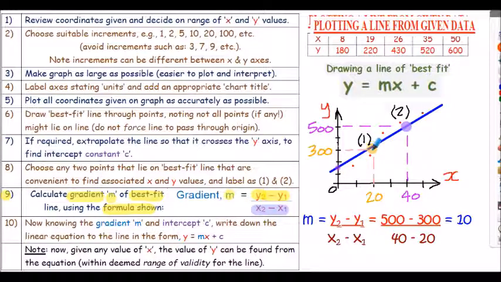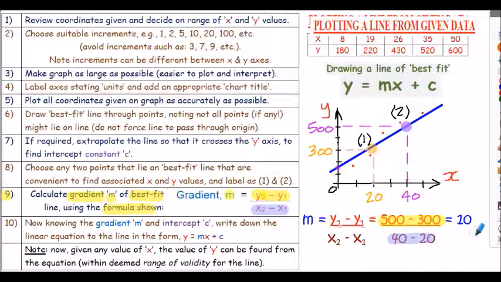So on the graph, for my 2 points that lie on my best fit line, I've determined that the x value for point 1 is 20, and the y value for point 1 is 300, and the x value for point 2 is 40, and the y value for point 2 is 500. We'll simply put those values into the equation for m, so 500 minus 300 on the vertical axis, and 40 minus 20 on the horizontal axis.